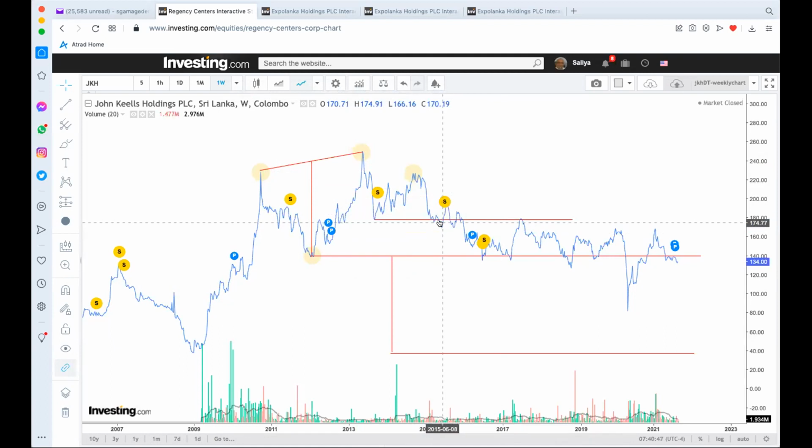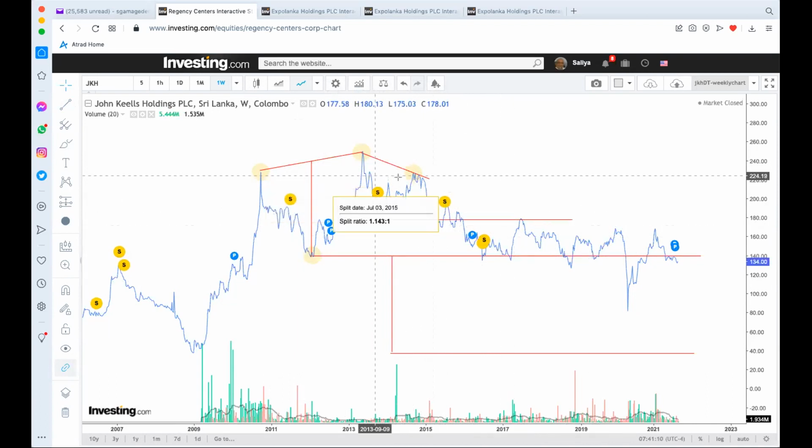Right, from here, if you join these two lines, I'm going to leave it at that level because in our next session, we will look at how we are going to use these lines by joining these tops.